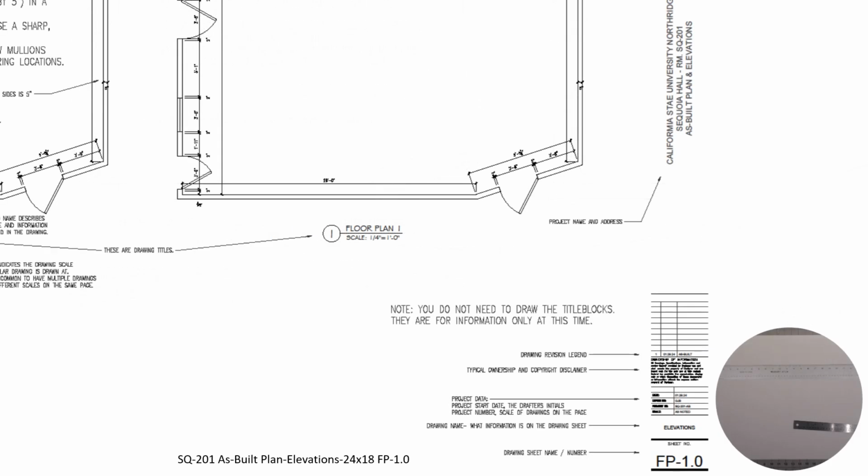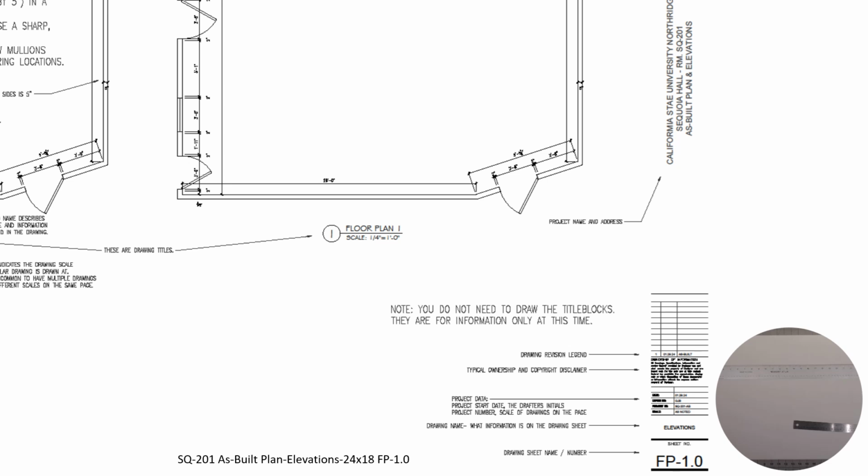So now we are zoomed in on the lower right-hand corner of this FP 1.0 drawing sheet. Down at the very bottom of the corner is basically the sheet number. You could think of it as a page number of a book, but in this case it refers to the sheet number in a sheet set of drawings.